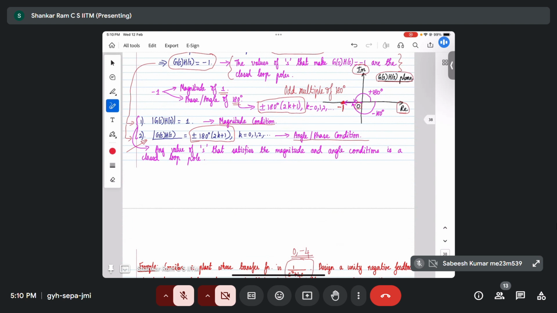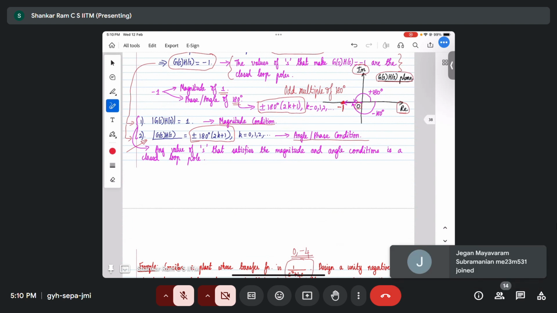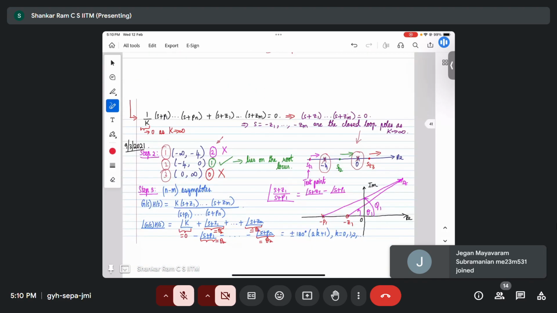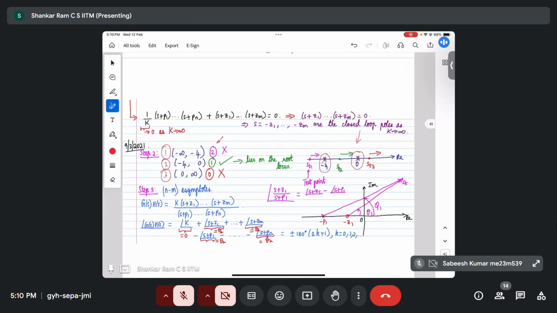Now, if I draw a vector from each open loop pole to the test point ST1, what can we say about the angle made by this line? It is going to be 180 degrees.